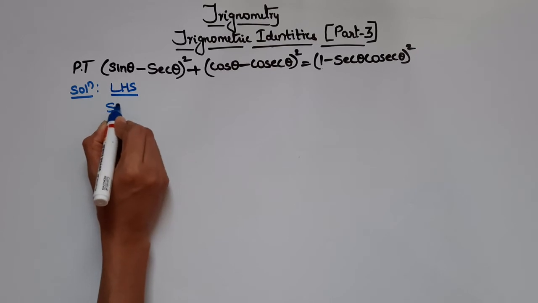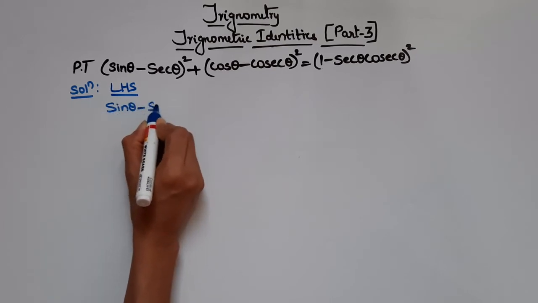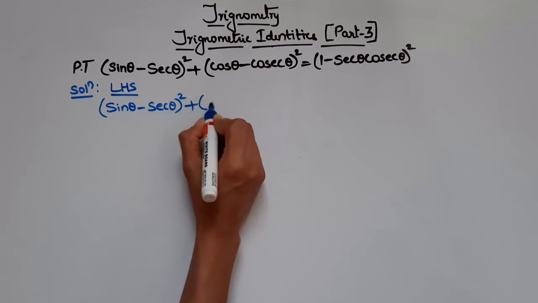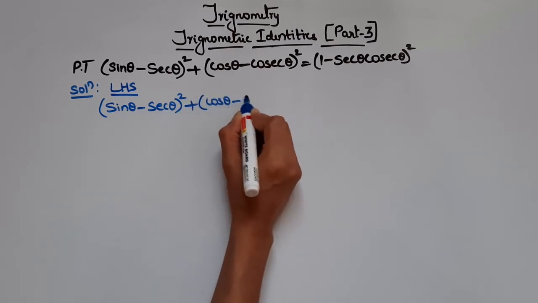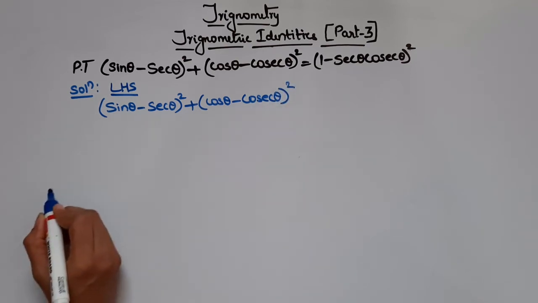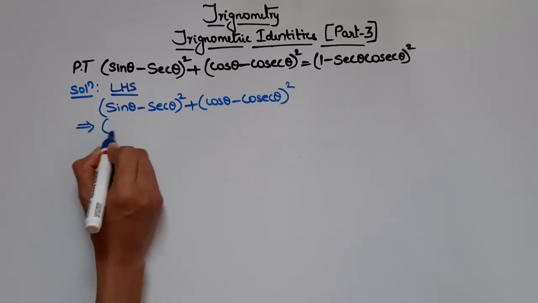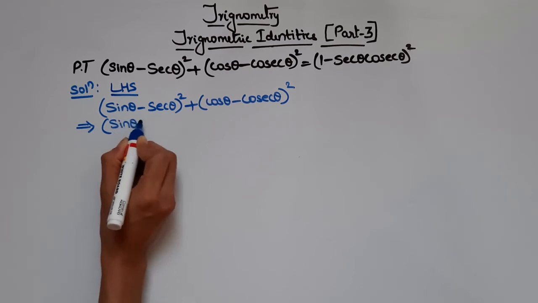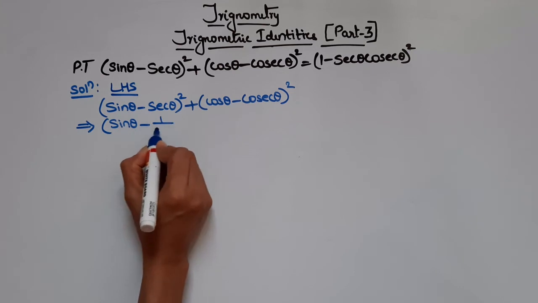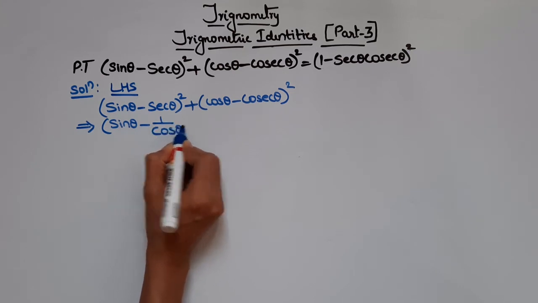So LHS is (sin theta minus secant theta) the whole square plus (cos theta minus cosecant theta) the whole square, right? So this implies sin theta minus, what is secant theta? Secant theta you can write as 1 by cos theta, right?